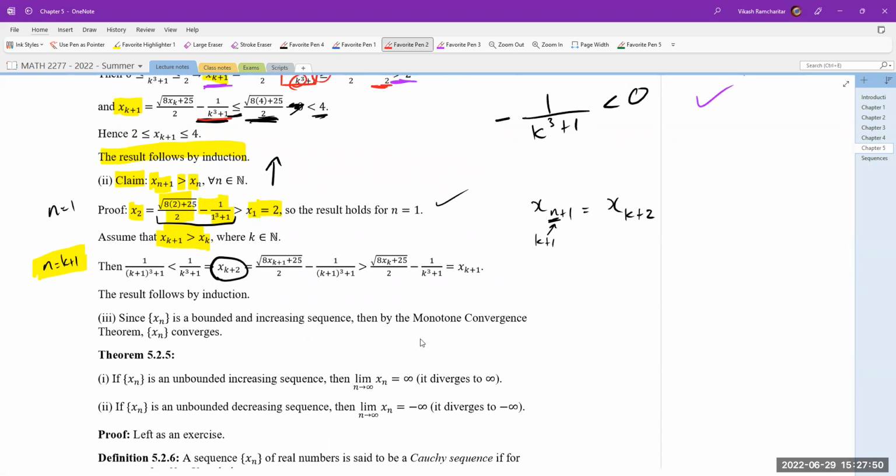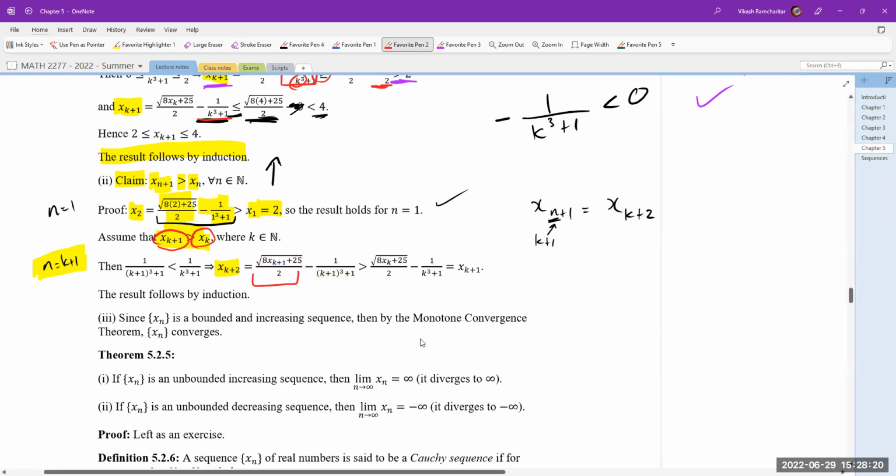All right. So what you do is you write out what is x(k+2). And we need to use our inductive hypothesis somewhere. So we see x(k+1), and I know that x(k+1) is bigger than x(k). So I could put a greater than sign here, and I could put him in here.